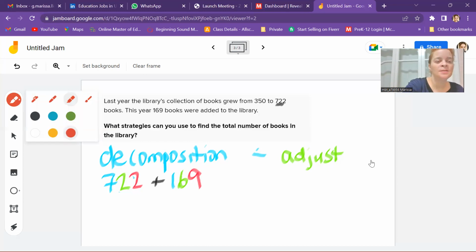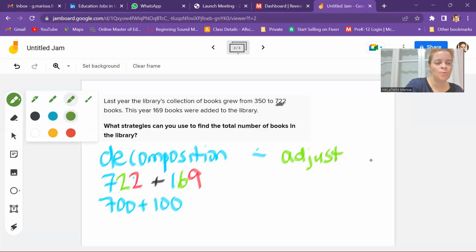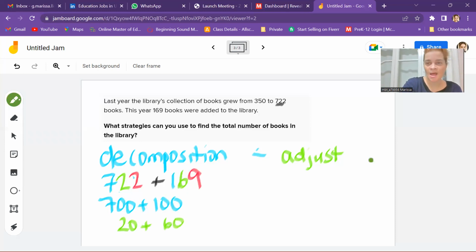So first you're going to add your 700 and your 100. So 700 plus 100. Okay? Then you would take 20 plus 60. It's your tens, right? And your last part would be 2 plus 9.